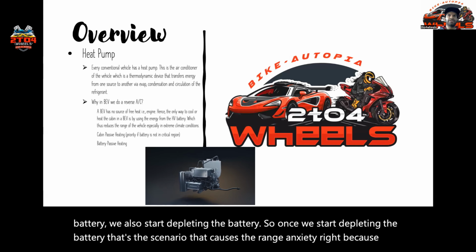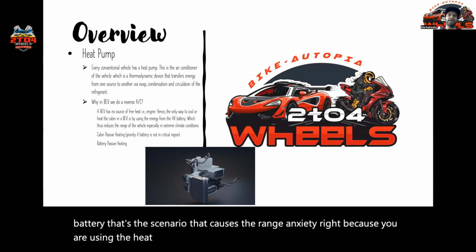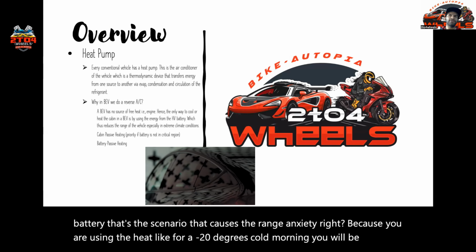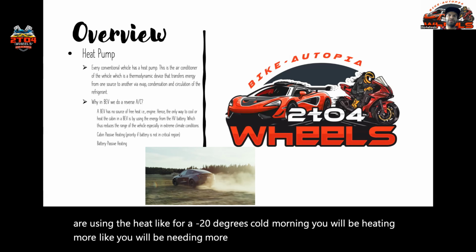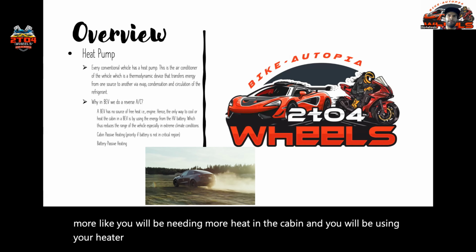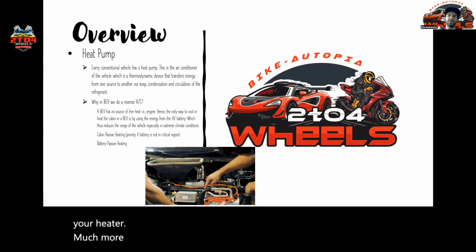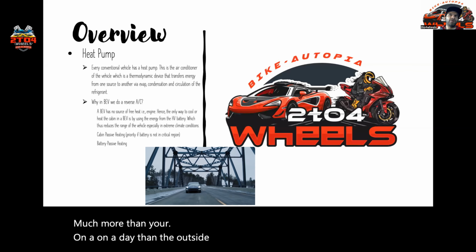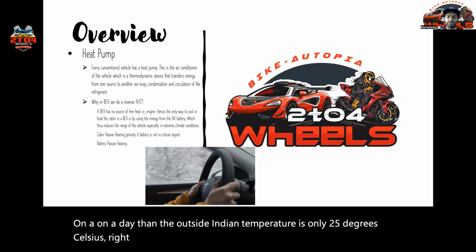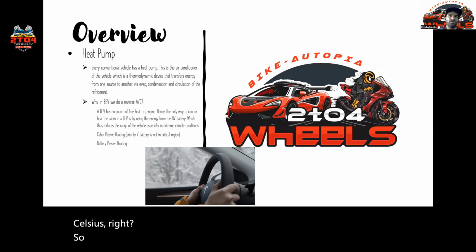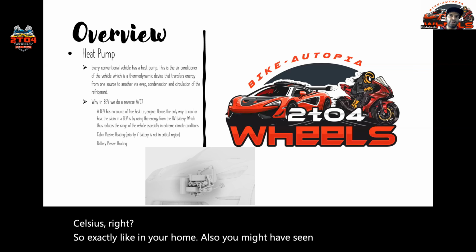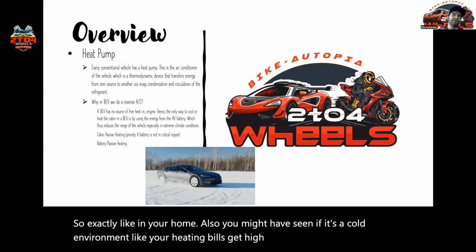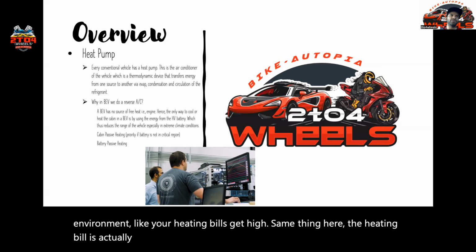Because on a negative 20 degrees cold morning, you will be needing more heat in the cabin and using your heater much more than on a day when the outside ambient temperature is only 25 degrees Celsius. Exactly like in your home, if it's a cold environment, your heating bills get high. Same thing here, the heating bill is actually taken care of by the high voltage battery.